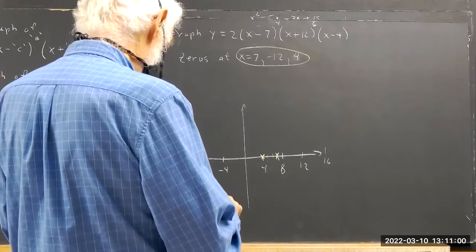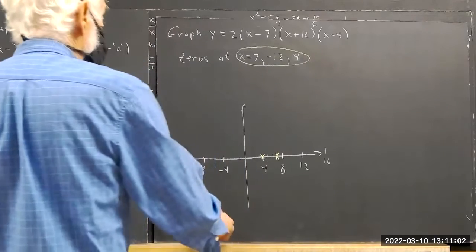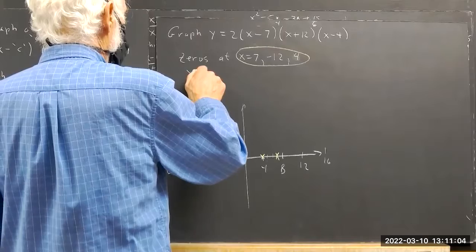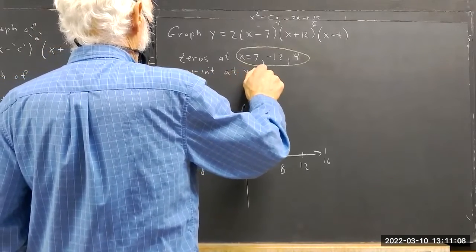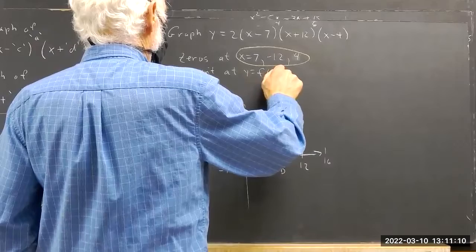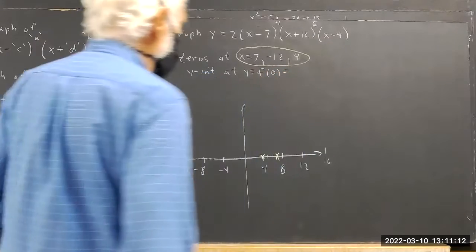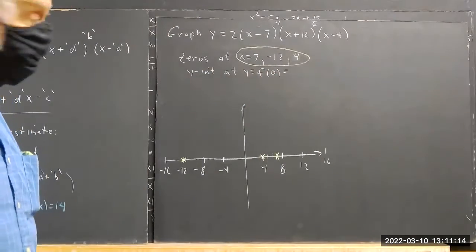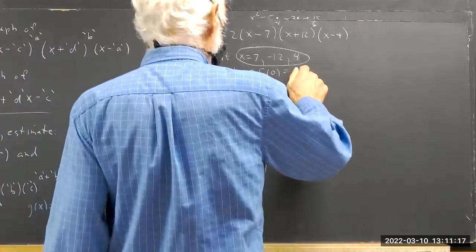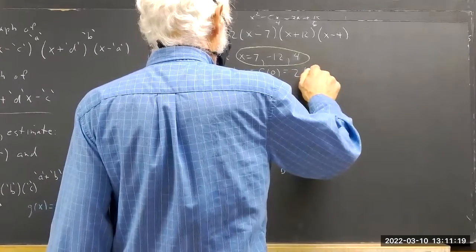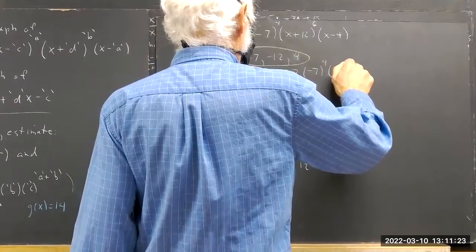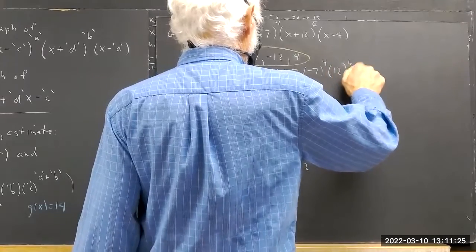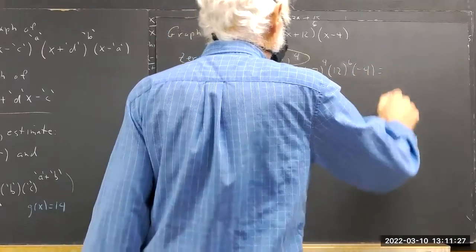Okay, the y-intercept. So y equals f of 0. Well, f of 0 is going to be 2 times -7 to the 4th times 12 to the 6th times -4.